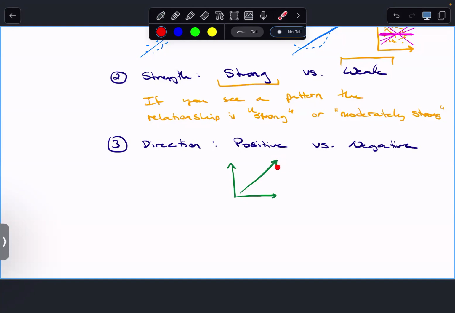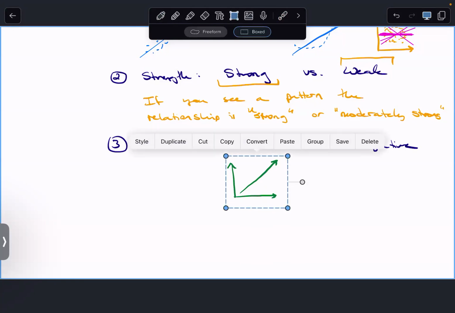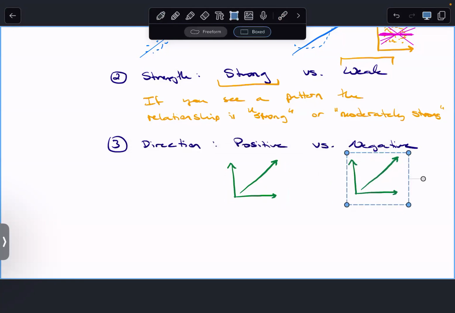Obviously there shouldn't be an arrow there, but I find that it's helpful. If I have a negative relationship, it's going to be going down like this. Depending on the relationship, one of these will apply and there's nothing in between. So it's either positive or it's negative.